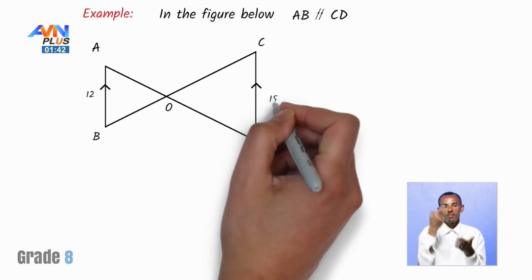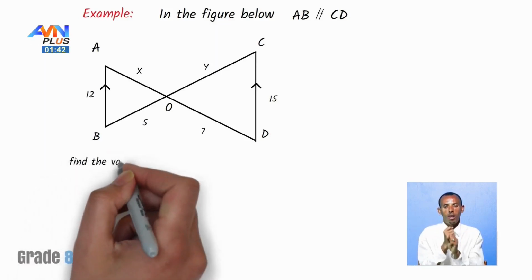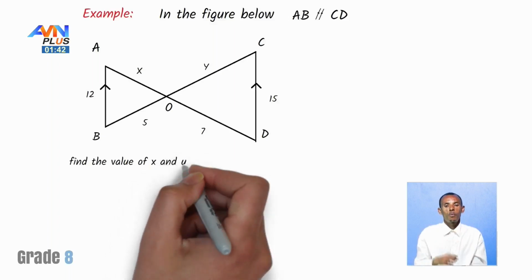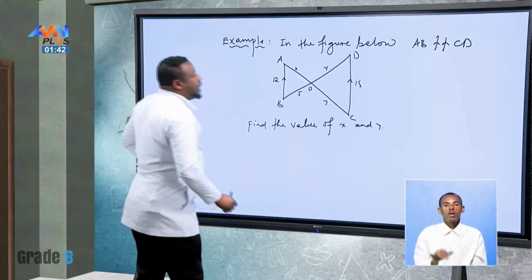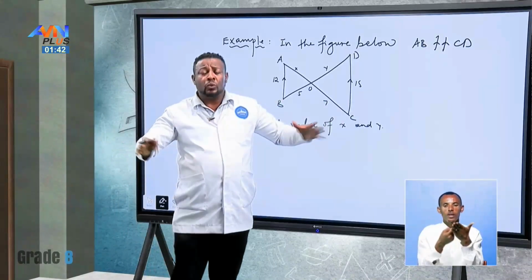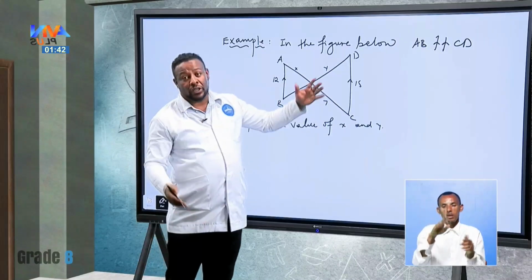If this is given, the other thing, if the length of AB is 12 and this side is 15, say this is X, this is Y, say this is 5 and this is 7. Okay, so from this figure, find the value of X and Y.